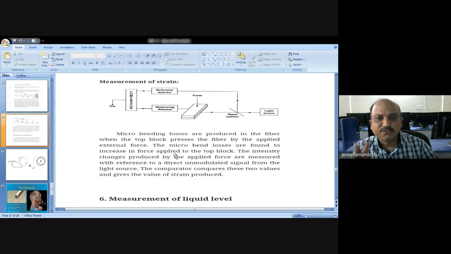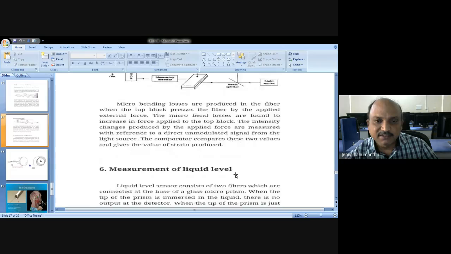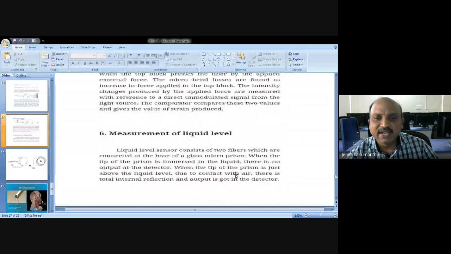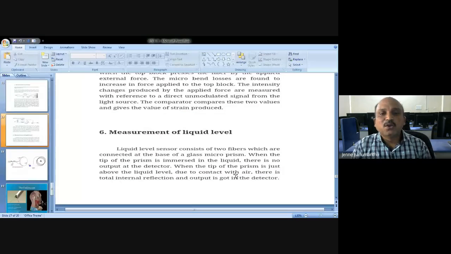So this diagram will give you three unknown parameters for measuring, right? And one more, liquid level. So how do you measure the liquid level? You all know that different methods are available for measuring liquid level, right? In industrial instrumentation, we studied a number of methods and equipment.